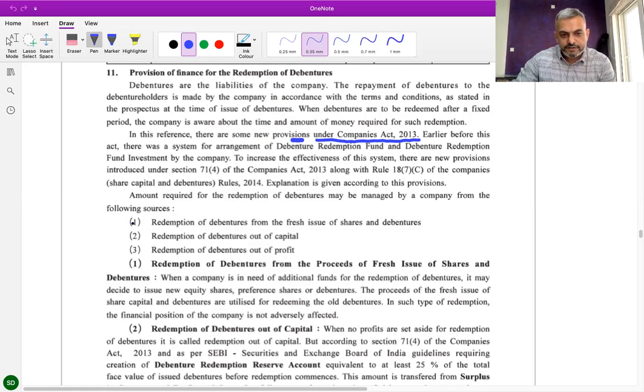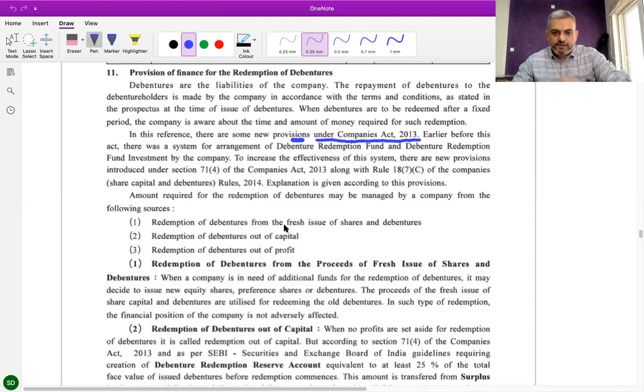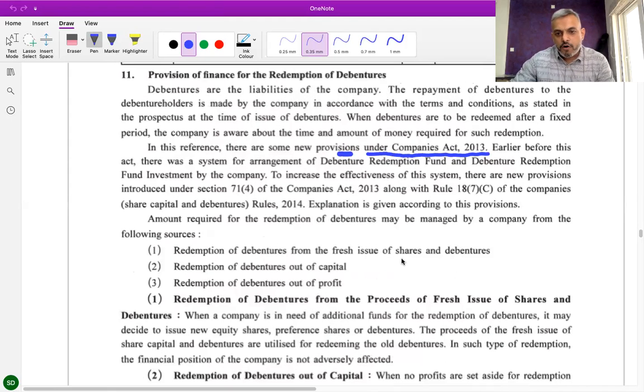So which are the sources? First is redemption of debentures from fresh issue of shares and debentures. It means I am in need of money. First, let's understand that when a company goes for issuing debentures, they are taking funds from the general public as a temporary loan for 5 years, 7 years, and so on.